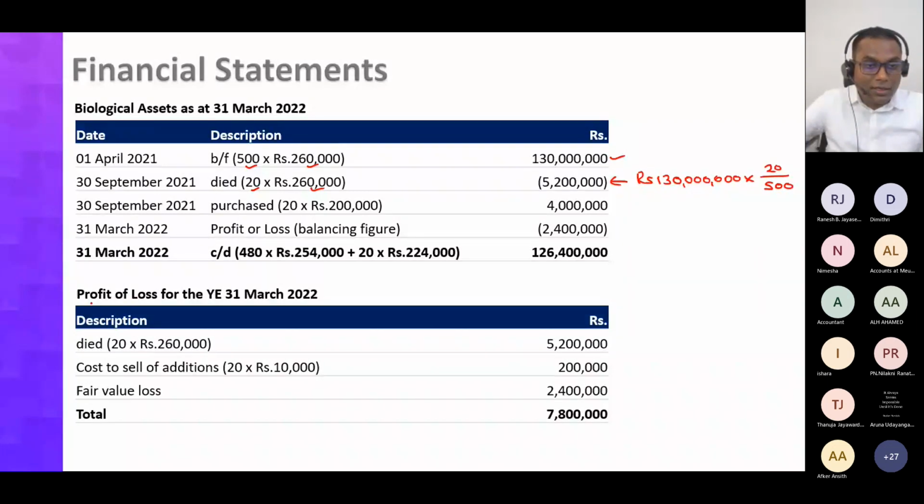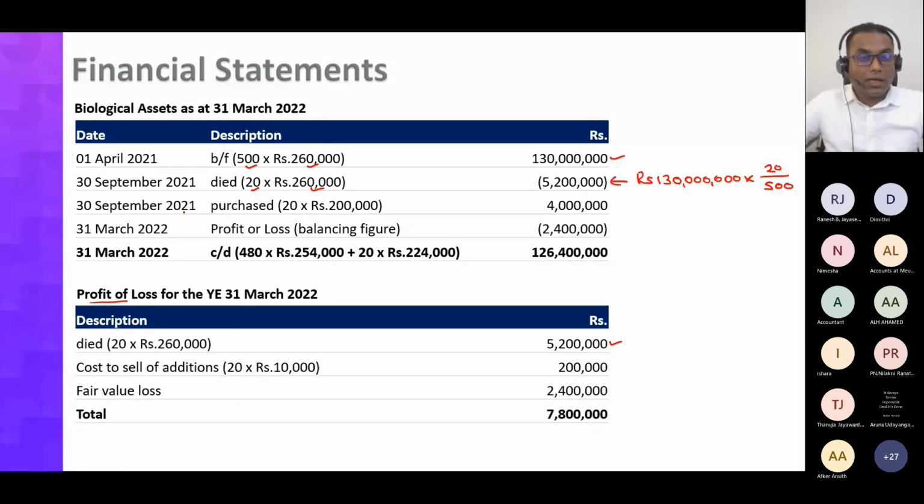If you look at the profit and loss for the year ended 31st March 2022, this amount of 5.2 million has to be charged to the P&L. It's a loss, right? Debit P&L 5.2 million, credit the biological asset 5.2 million. Are we clear? The double entry. Okay, double entry here. Debit P&L 5.2 million, credit the biological asset 5.2 million. Is that clear? Right.